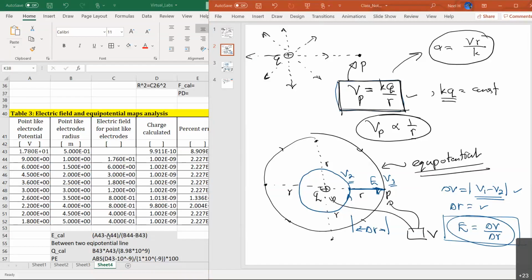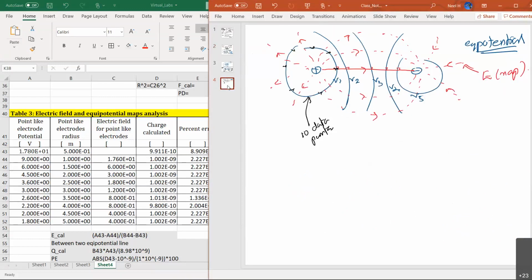Now what we're testing here, now we know potential is actually KQ over R. Which means if I keep KQ constant, then the potential is a function of 1 over R. So if I make a graph by taking the potential on the y-axis and R on the x-axis, you will get data points that look like this.